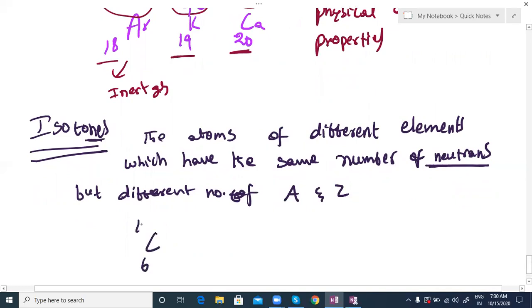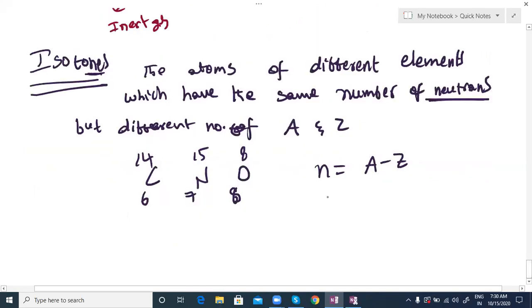Carbon 6, 14; nitrogen 7, 15; oxygen 8, 16. Number of neutrons equals A minus Z. Just substitute in this formula. For carbon, 14 minus 6 is 8.